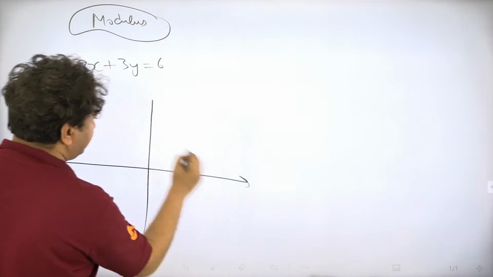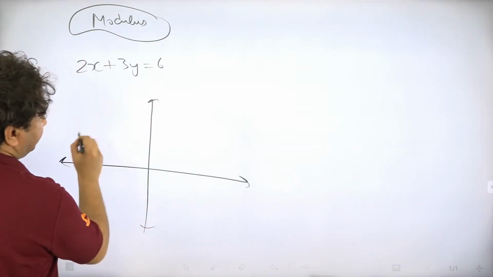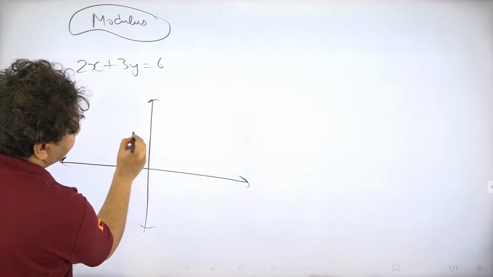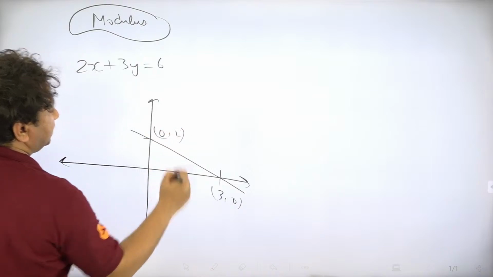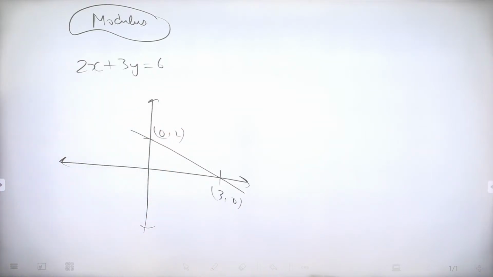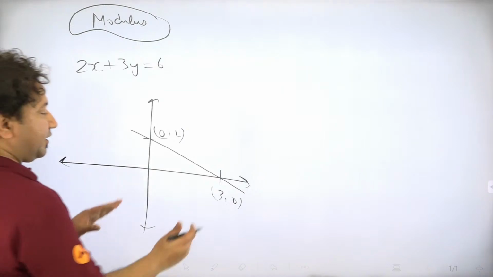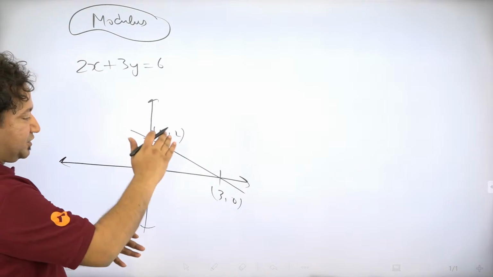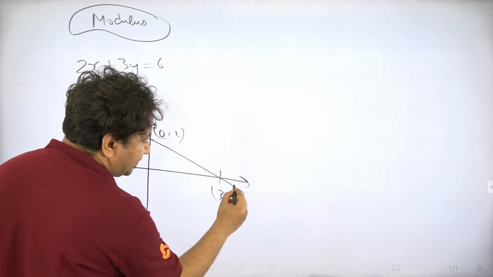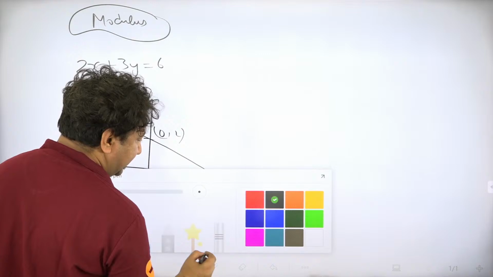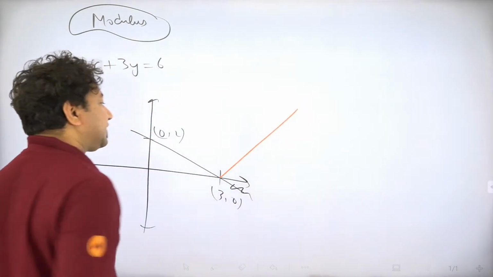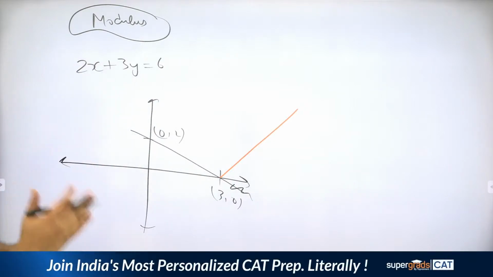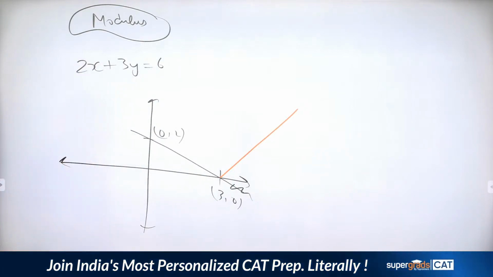The graph looks like this, (3, 0) and (0, 2). The moment you put a modulus, whatever is negative will translate into positive, which means this part will be cancelled and the graph will translate to the upper side, that is the positive side. That's what happens in modulus.